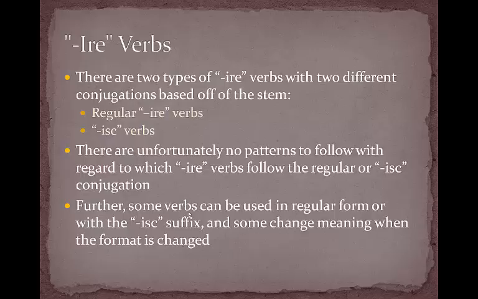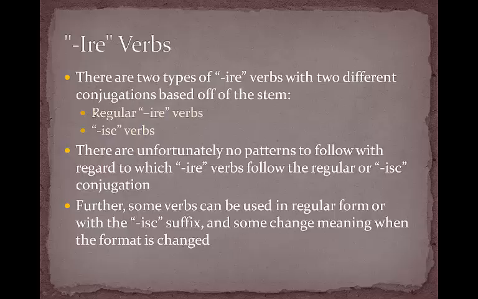And on top of that, some verbs have both the regular conjugation and the suffix form, and the two will actually mean slightly different things. I wouldn't worry too much about that now. Worry about that once you get the hang of conjugation, but just something to keep in mind.